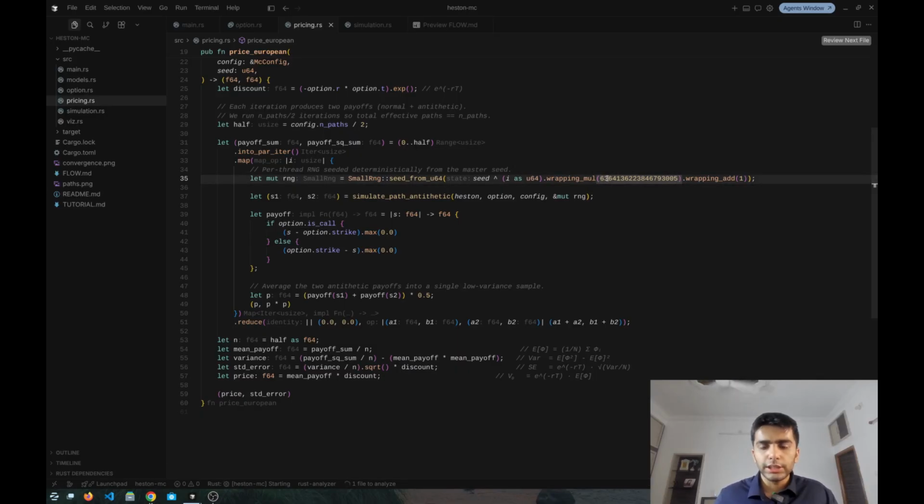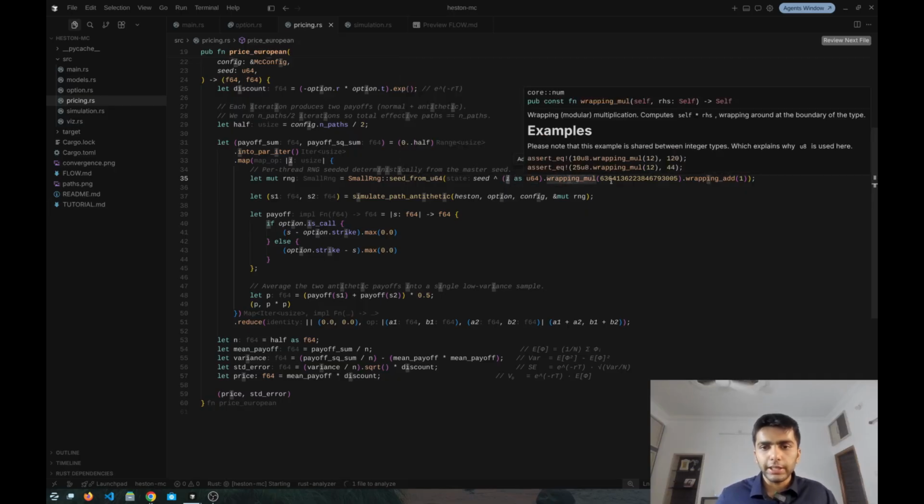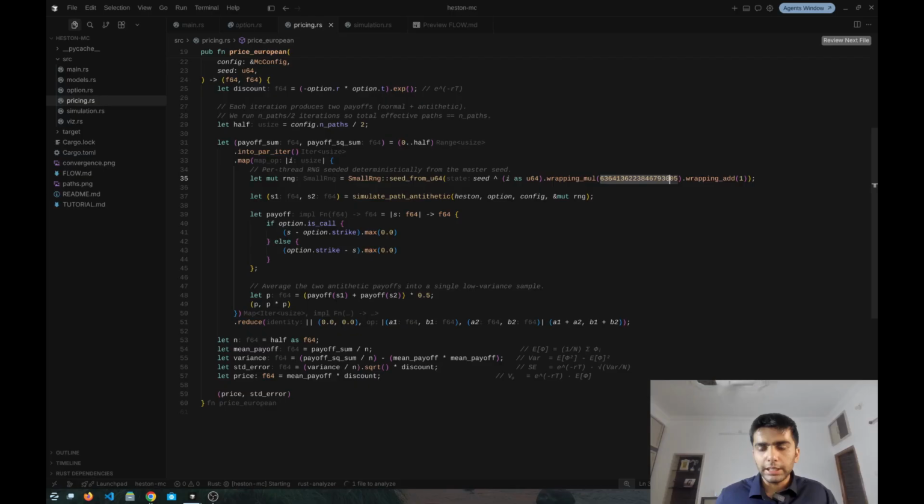This multiplication factor provides some randomness to the seed, so that it's not very predictable, right? Because the index i is iterative, it will be 0, 1, 2, 3, so that will become very predictable. So instead we multiply with this huge number to make the random numbers a bit more random and unpredictable.